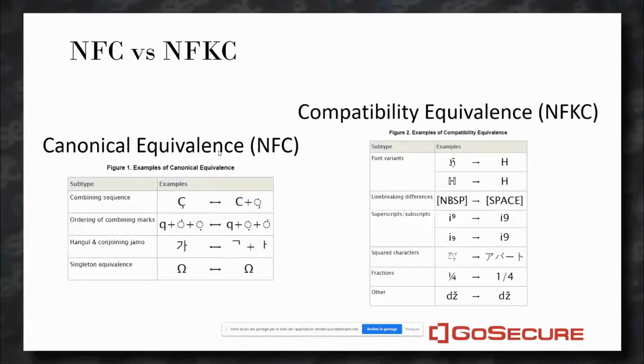So I already mentioned there is NFC and NFKC. The first C means canonical, and because compatibility couldn't be just NFC, they've added a K for compatibility. So it's a bit confusing. But what you need to remember is that NFC is a strict comparison of equivalence that will, for example, match the C with cedilla as a character or the decomposed version of it. But the compatibility mode is a much more flexible comparison.